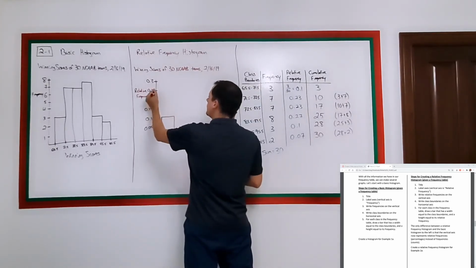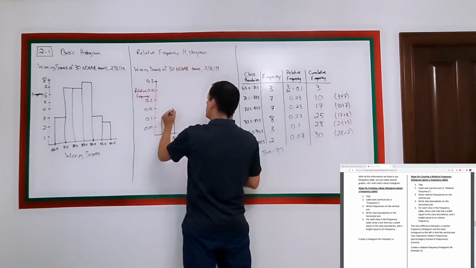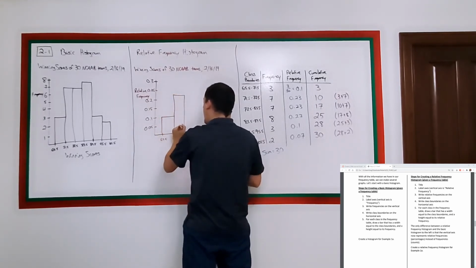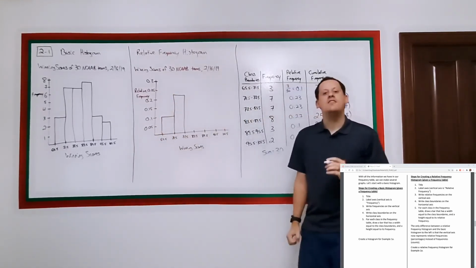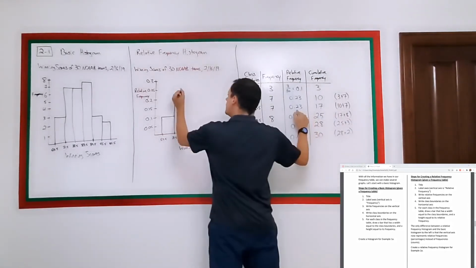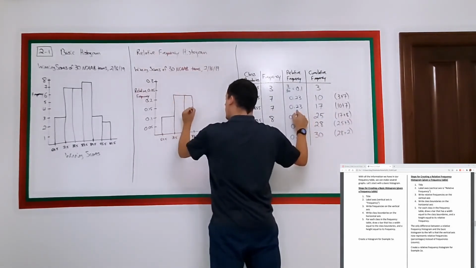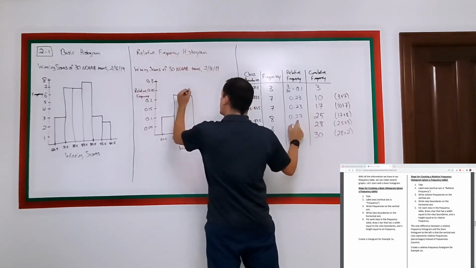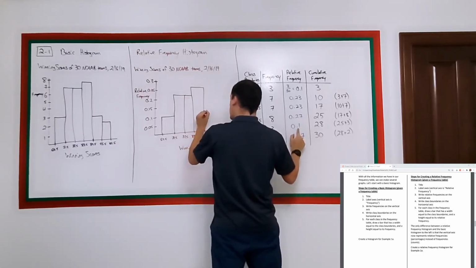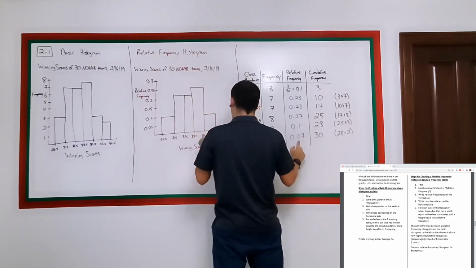So I don't have exactly 0.23 on here, but I can make it pretty close. I can't draw straight lines freehand to save my life, but you get the idea. 0.23 again. 0.27. 0.1. And 0.07.